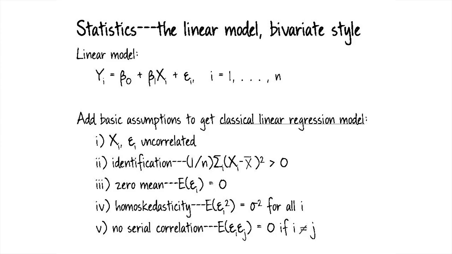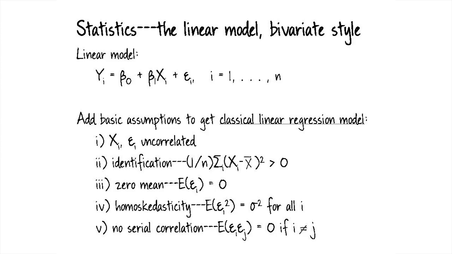But basically that just means that the repeated observations on the x variable are not all on the same point. Okay? We're going to assume that the expectation of our error is equal to 0. We'll assume homoscedasticity, which means that the expectation of our error squared is equal to sigma squared for all i. And we're also going to assume that we do not have serial correlation. So in particular, the expectation of epsilon i epsilon j is equal to 0 for all i and j.